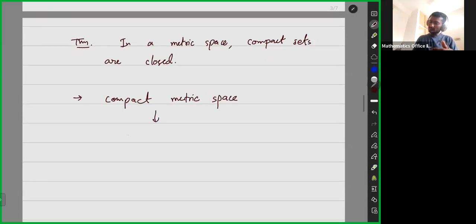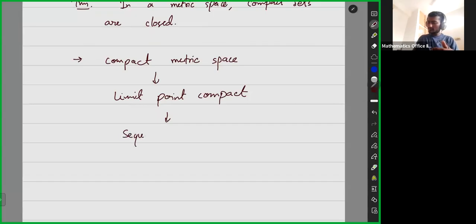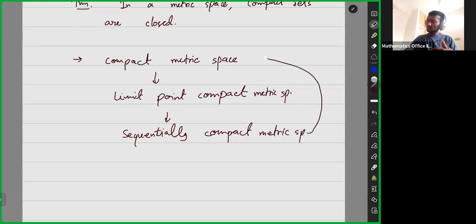Of course, I'm not going to prove this, but we'll see what these are. This is the equivalence.